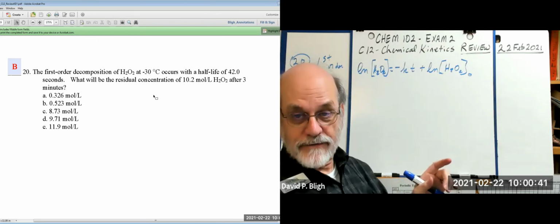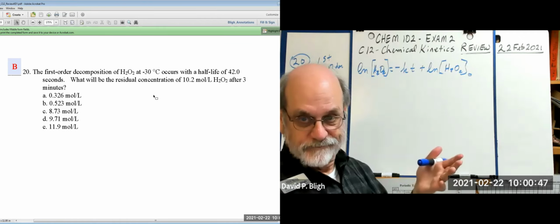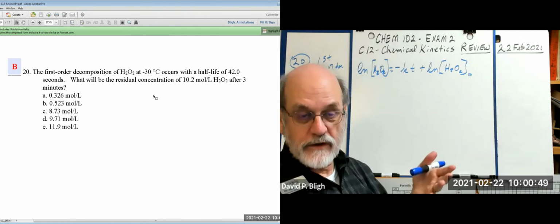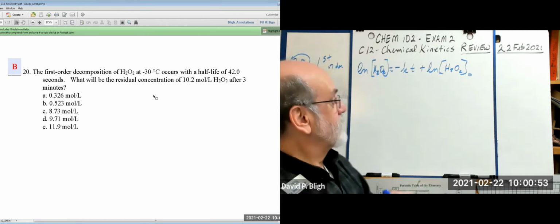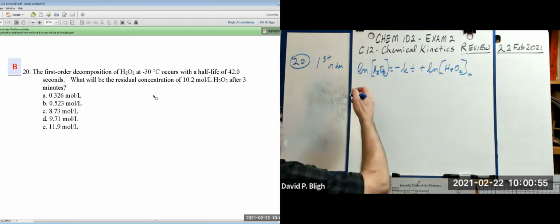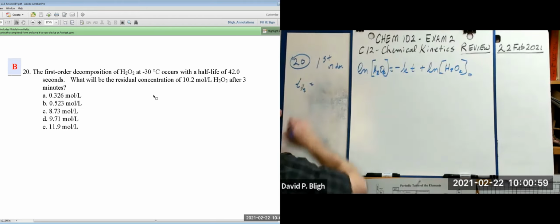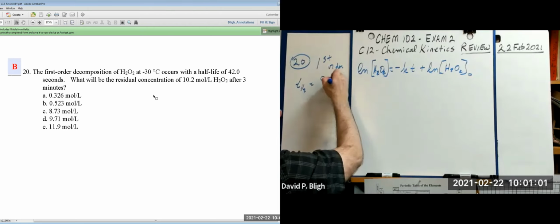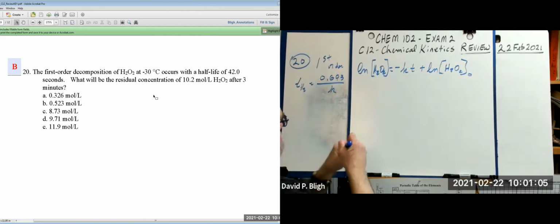The half-life for this reaction is 42 seconds. Right? So the half-life equation for this one is t1/2 equals 0.693 over k.